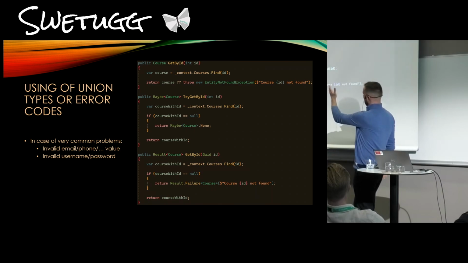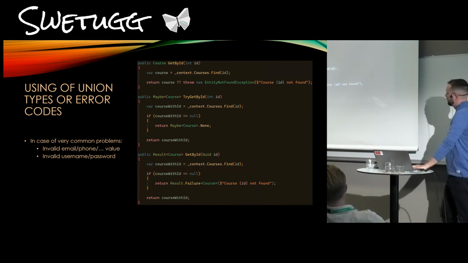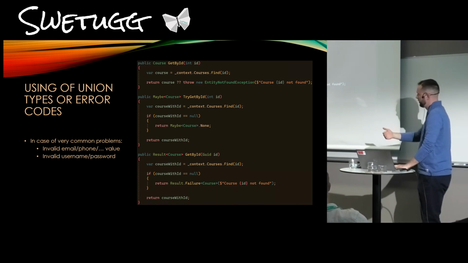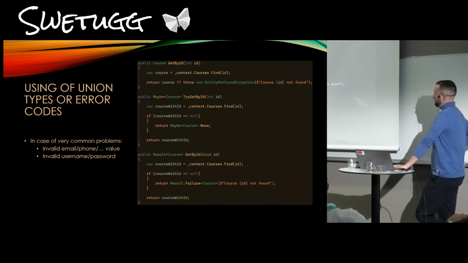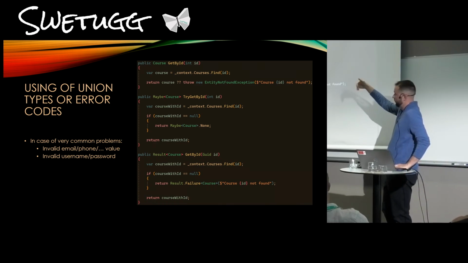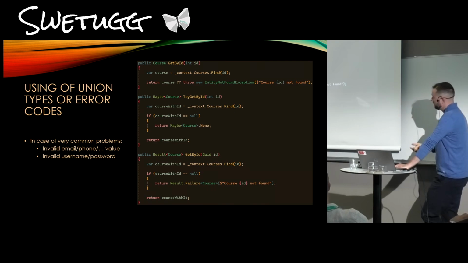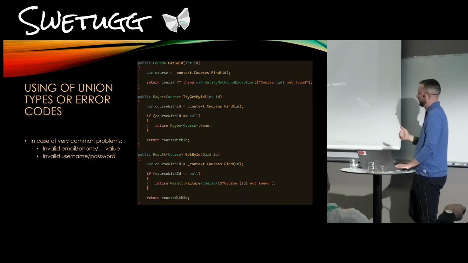So you can put Maybe into the signature of the method, and it adheres to the principle that I mentioned at the beginning, the least astonishment principle, because with this signature, the client or the caller of your method immediately knows that it's possible that the course doesn't exist, so it's maybe not returned.